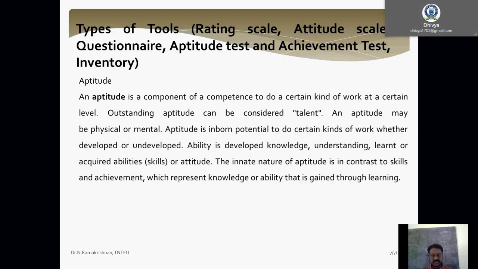Aptitude assumes that individuals have inherent strengths and weaknesses and have a natural inclination towards success based on their innate, inborn characteristics. An aptitude test does not test study. It is not a test of knowledge.